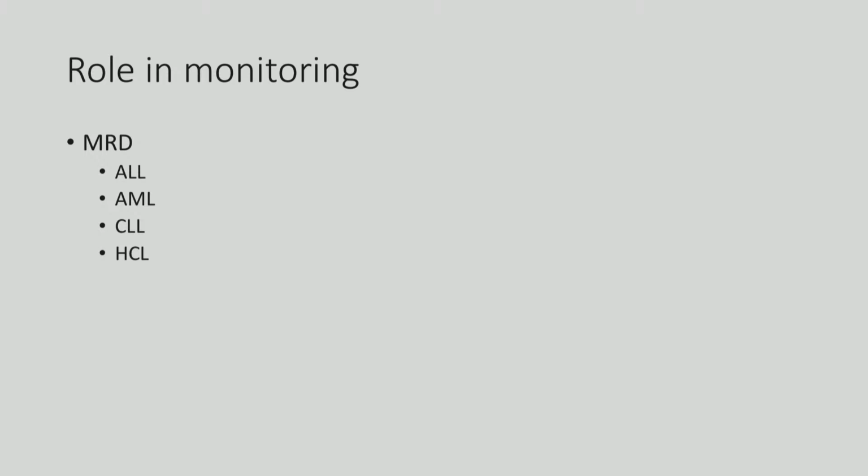MRD is assessed usually at the end of induction, called day 37 MRD. Then a second MRD is assessed at day 52. If the second MRD is positive, more than 0.1, then most of the time the patient has a poor prognosis and needs a stem cell transplant.